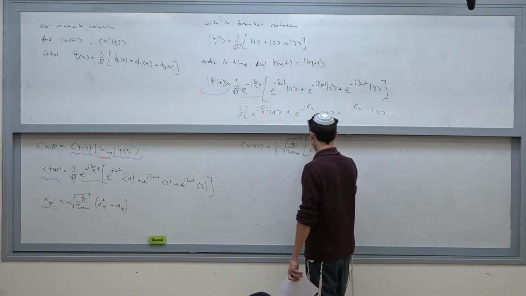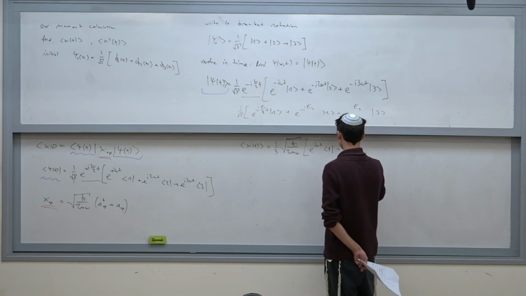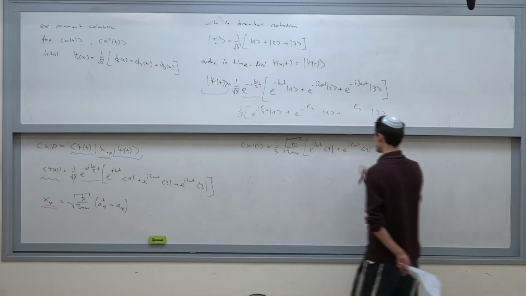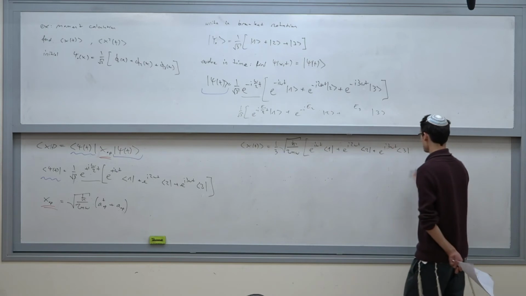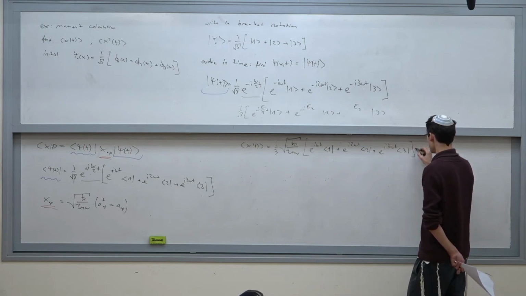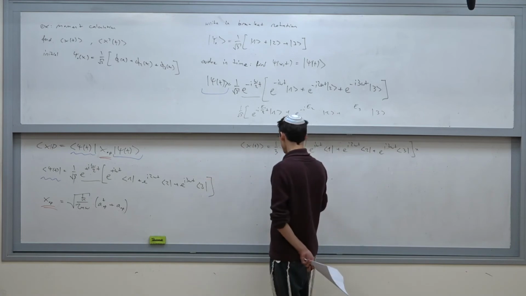So there's an e to the i omega t bra 1 plus e to the i 2 omega t bra 2 plus e to the i 3 omega t bra 3. And then I multiply this by a dagger plus a.